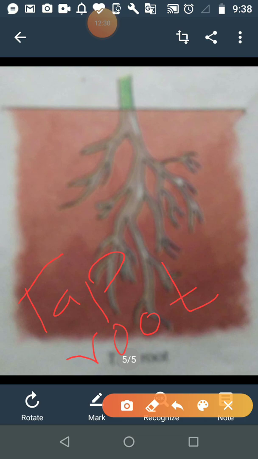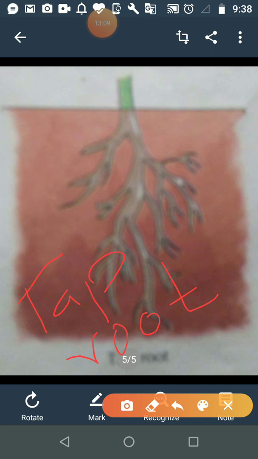And now, students, the examples of some tap roots are carrot, radish, beetroot. These are the examples of tap root.